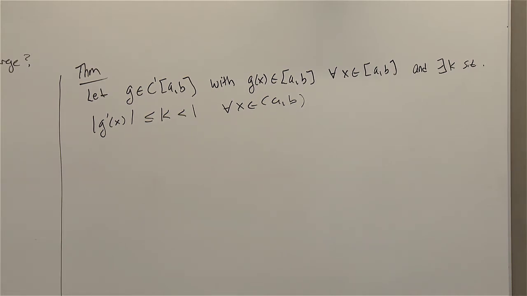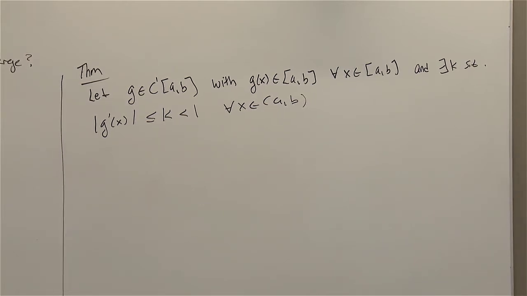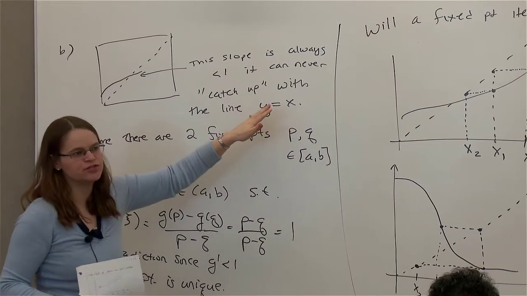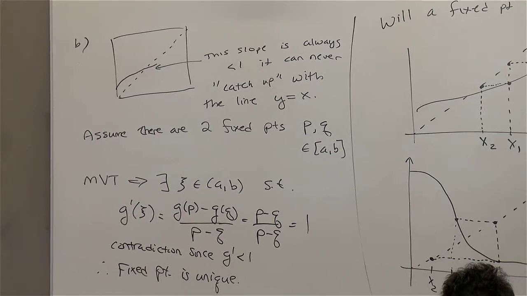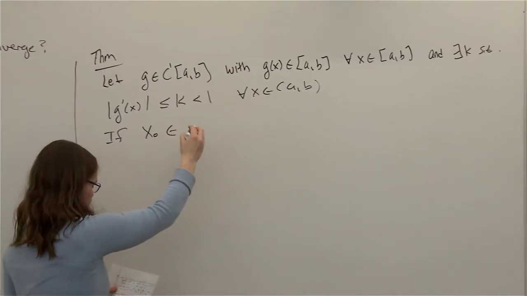Okay, so now I want to use this to build a fixed point iteration. I should obviously start with an initial guess that lives in my window, right? Because we have no guarantees of what the function is going to do outside this window. So let's choose any x naught that lives in my window.